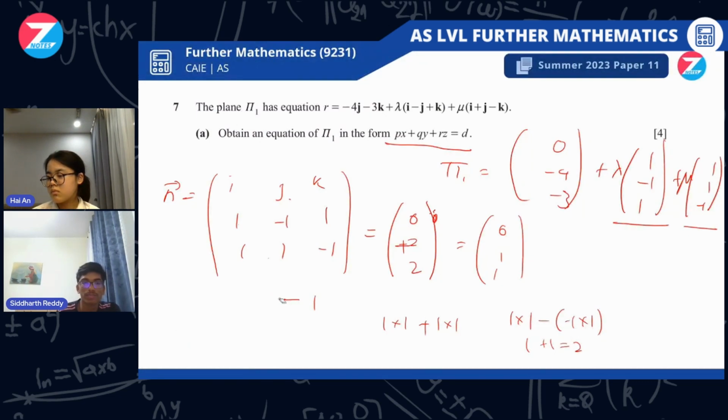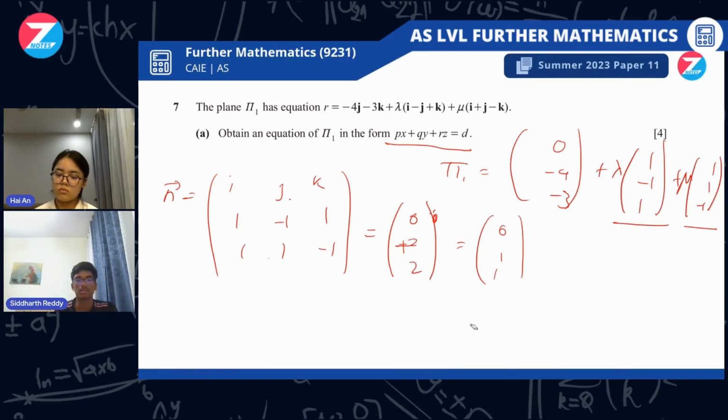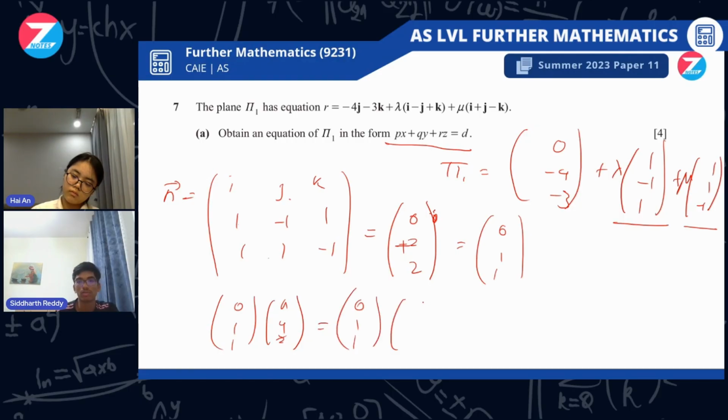And now all we need is a point in the plane, which we have, that's 0, minus 4, minus 3. So let's write this equation as 0, 1, 1 dot xyz is equal to 0, 1, 1 dot 0, minus 4, minus 3. So 0 into x is 0, 1 into y is y, 1 into z is z.